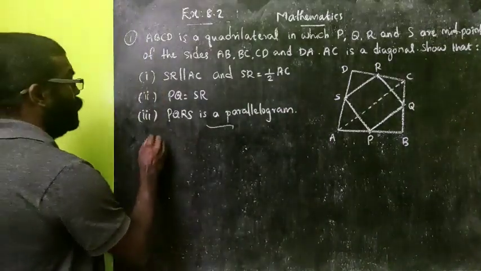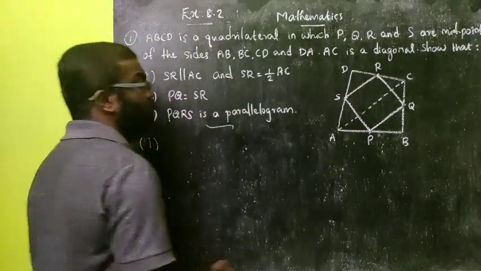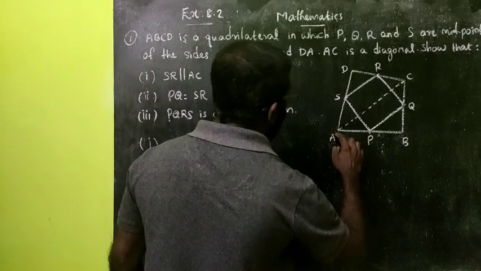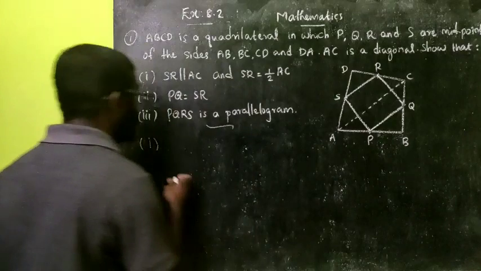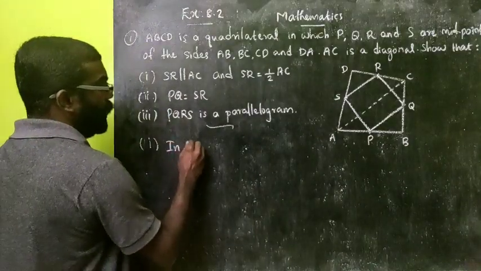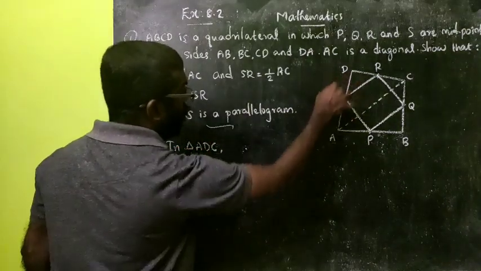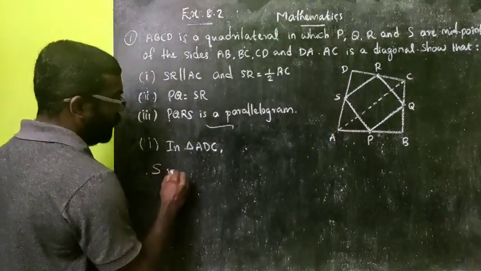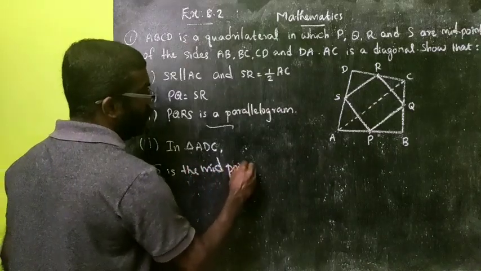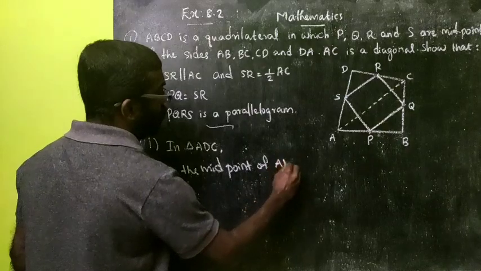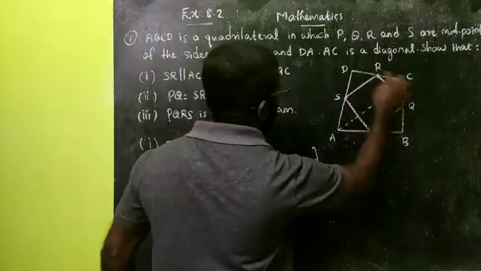First we have to prove SR parallel to AC and SR equal to half AC. So we can consider triangle ADC. So in triangle ADC, S is the midpoint of AD, and R is the midpoint of DC.